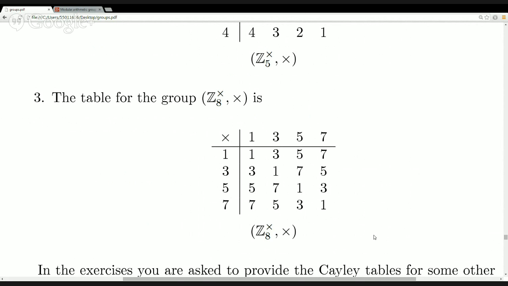So Z7 will be generated by 5 as well. You can test that out from the Cayley table. 5 squared is 4, 5 times 4 is 6, 5 times 6 is 2, 5 times 2 is 3, 5 times 3 is 1. So you go through all of the elements there, looking at powers of 5. 2 wasn't, so neither will 2 inverse be. 2 times 4 is 1.